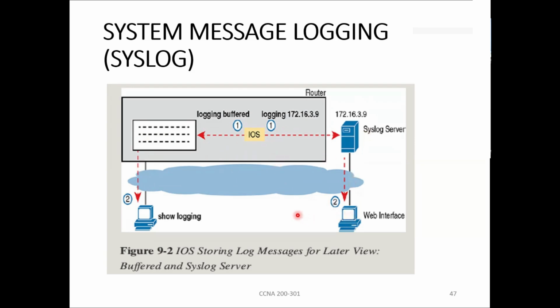We'll get information about logs: who logged in, whether any interface link broke down, whether any port got shut down, whether any error happened in any of the areas internally in the router. Those kinds of information we'll get in the log.